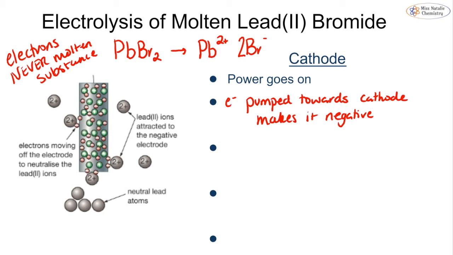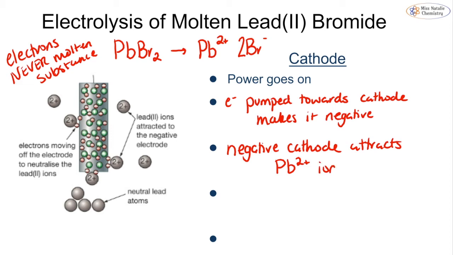As the power is turned on and we get this negative charge built up within our cathode, forming the negative cathode, that then attracts the positive lead ions.